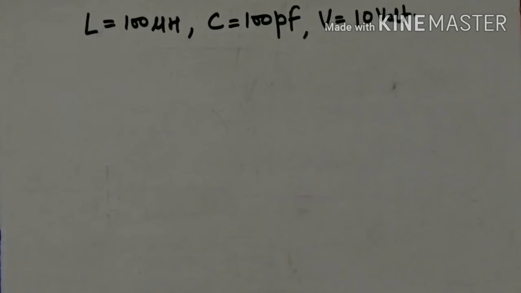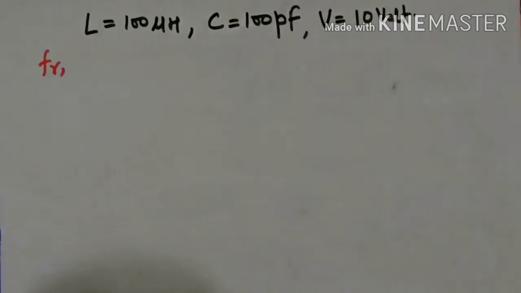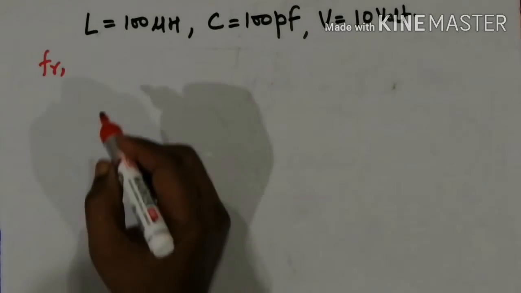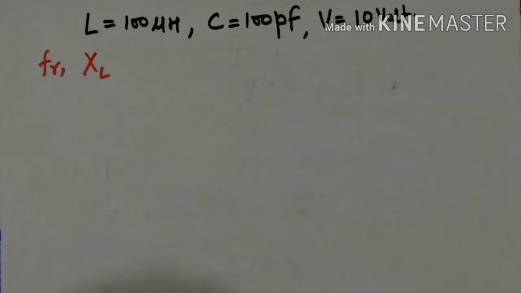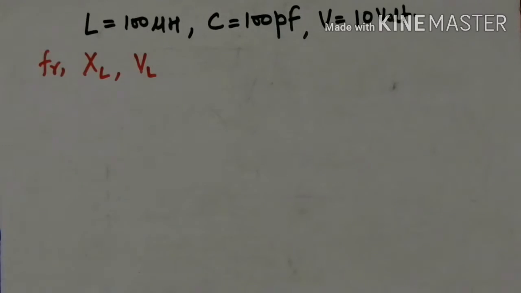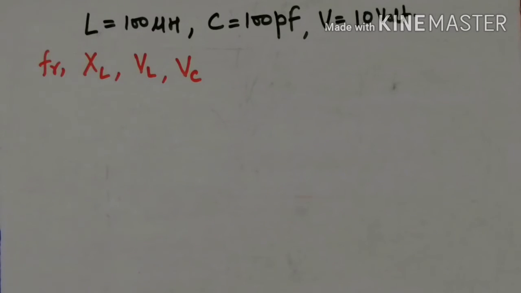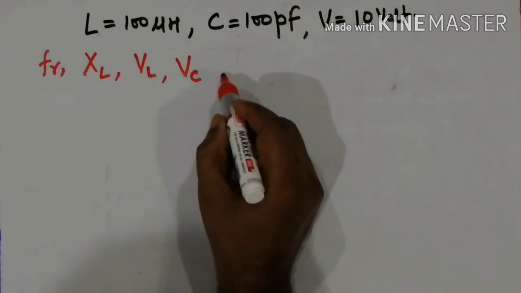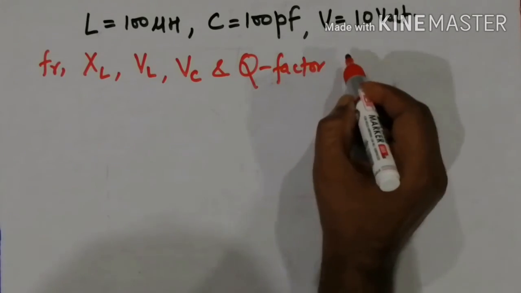Calculate number 1 resonance frequency, number 2 inductive reactance, number 3 voltage across the inductor, 4th voltage across the capacitor, and the last one is quality factor.